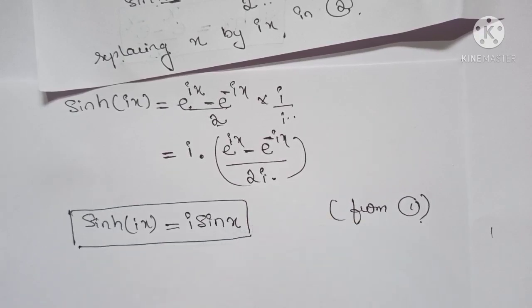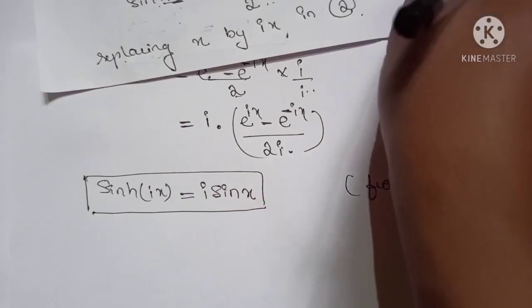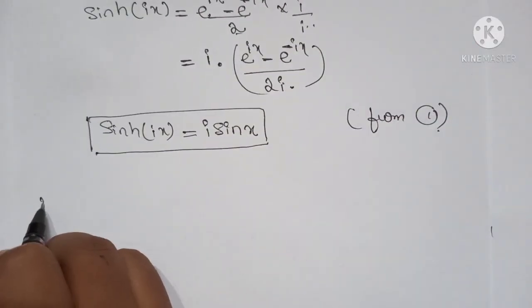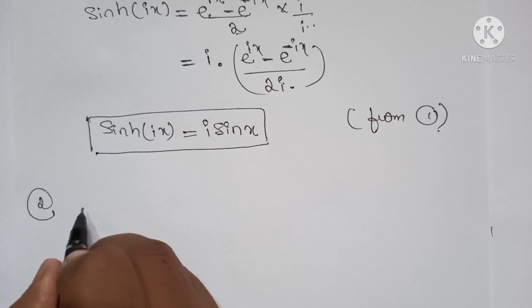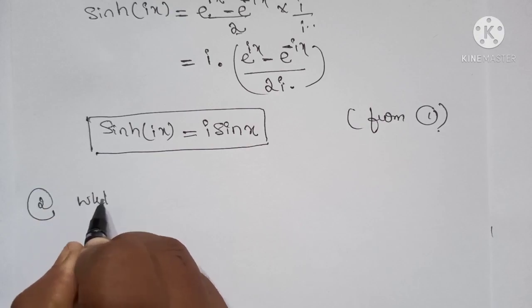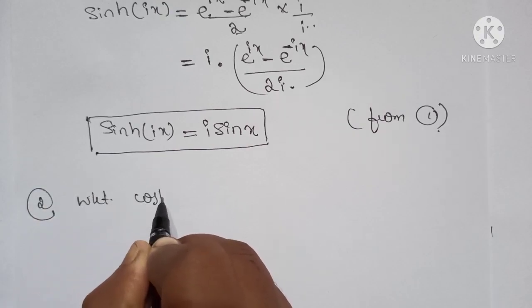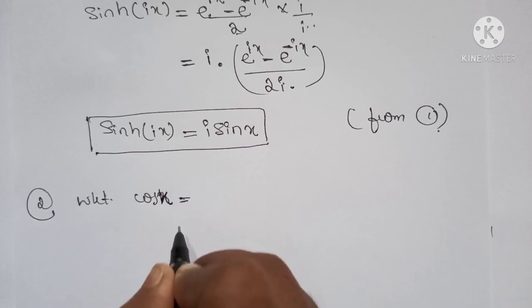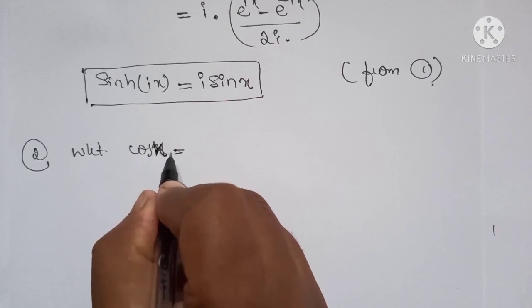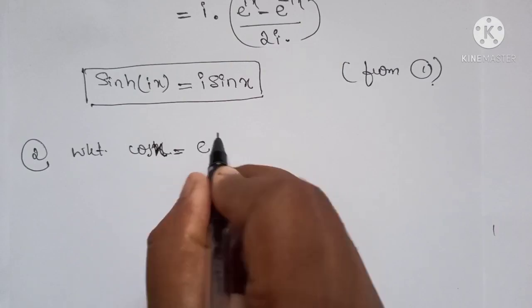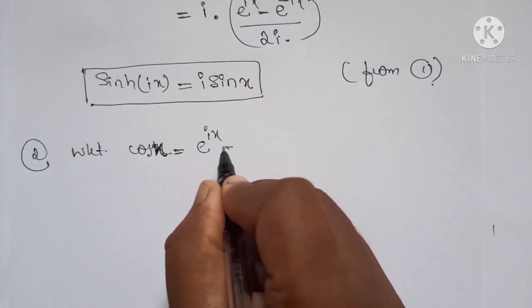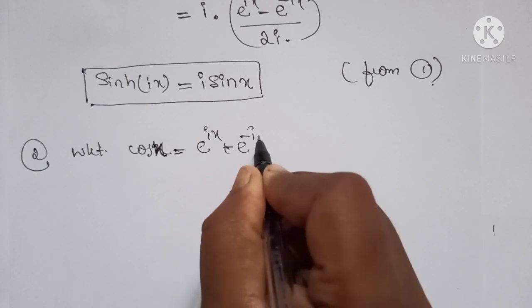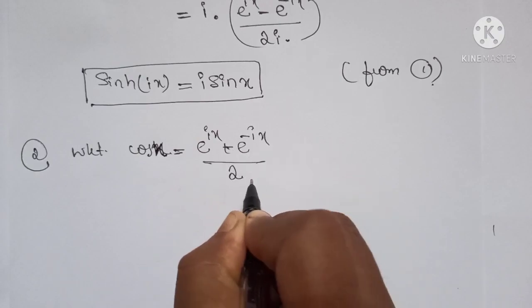Similarly you can prove this for cos also. The second one: we know that cos x is equal to (e raised to ix plus e raised to minus ix) divided by 2.